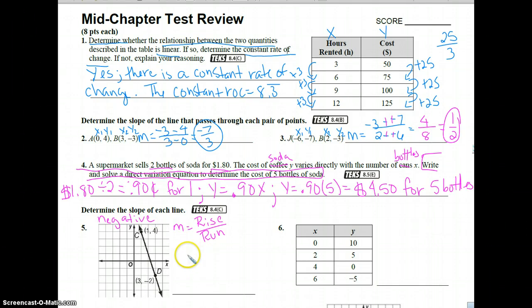All right, so let's start at C, and we're going to work our way down to D. So let's count it out. Down 1, 2, 3, 4, 5, 6. That's negative 6. And we're going to run over how many? 2. Run over 2.